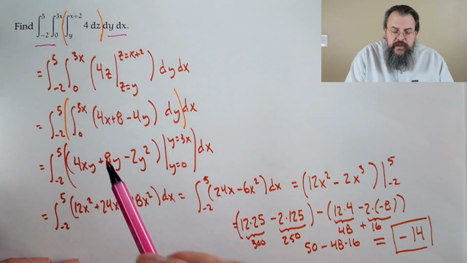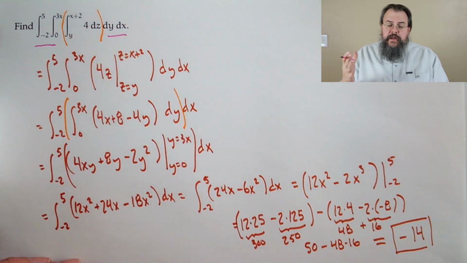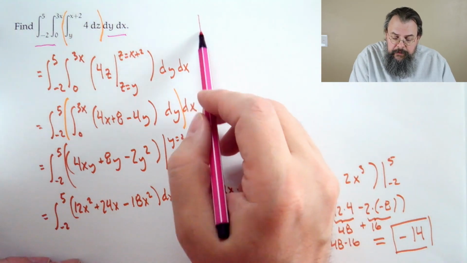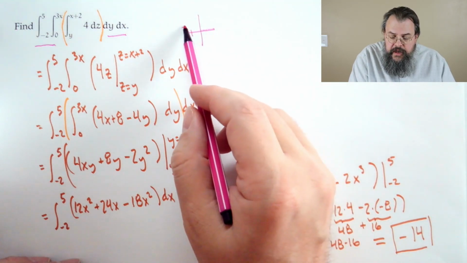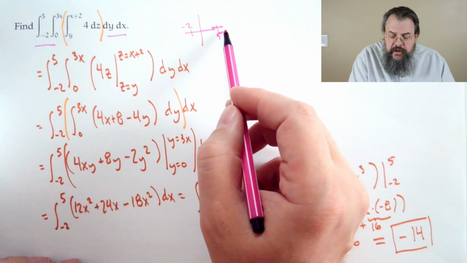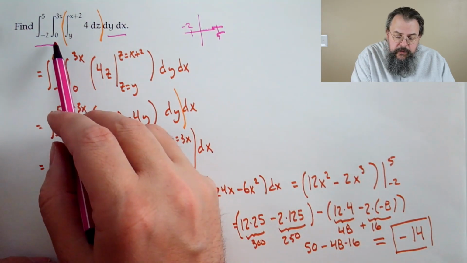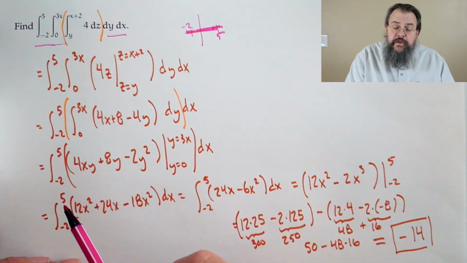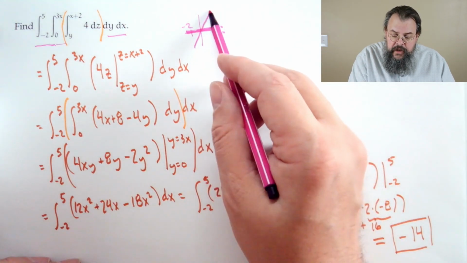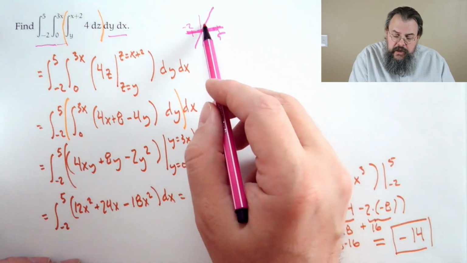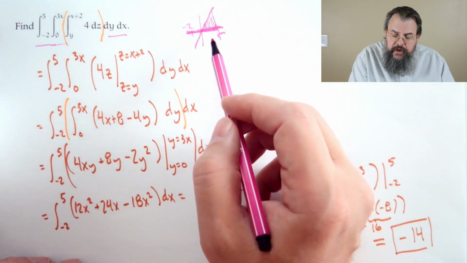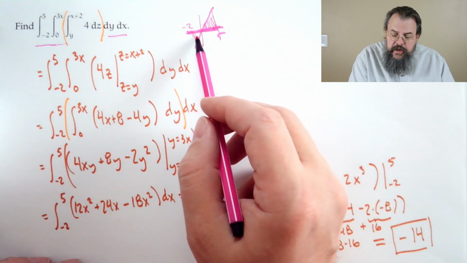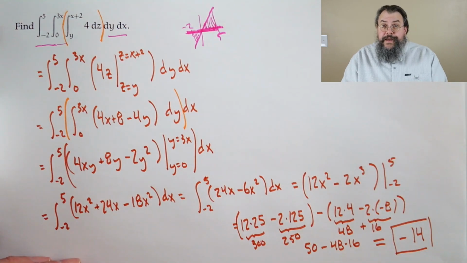So what does that tell us? The outer two layers say that x goes from -2 to 5. Okay, so here's -2. Let's say over here is 5. And then we're going for y from 0, which is the axis, up to 3x. And you can see, oh, here it's sort of the right orientation, positive. Down here, whoa, negative.